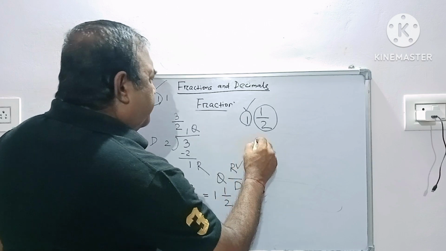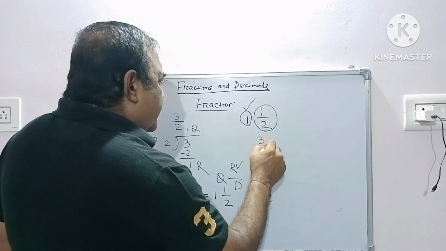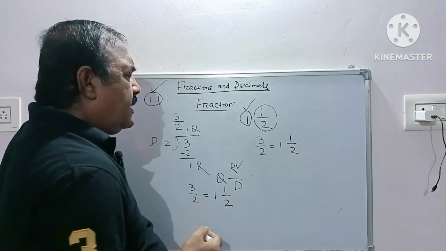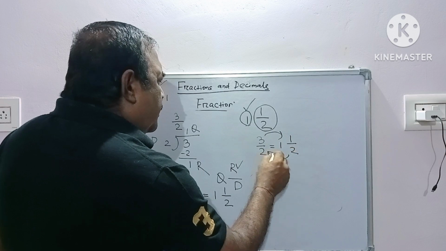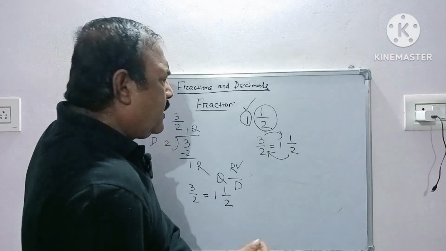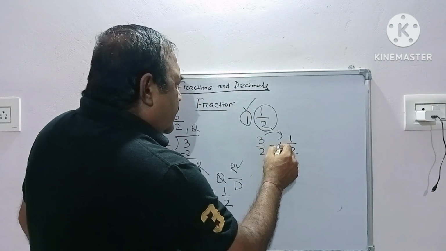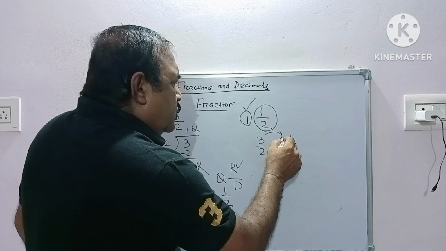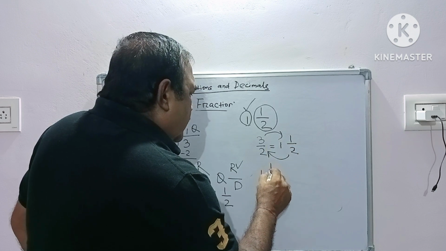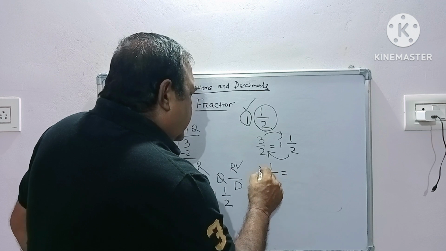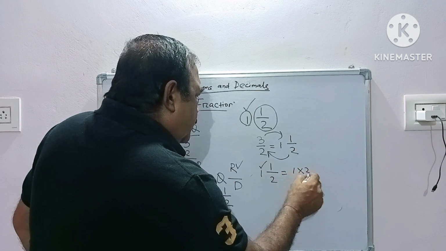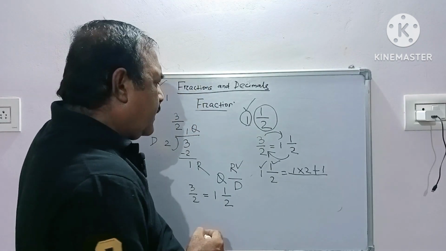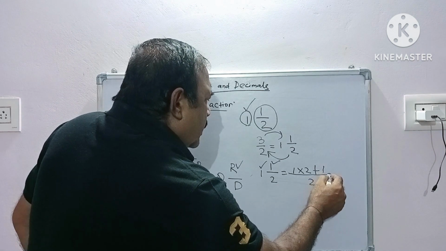So an improper fraction is converted to a mixed number or mixed fraction, and the mixed fraction is also converted to an improper fraction. We have already done it in the previous class. Quotient into the denominator, 1 into 2, that is equal to 2. 2 plus 1, that means 1 whole number and 1 upon 2 gives 1 into 2 plus the numerator 1, divided by 2.